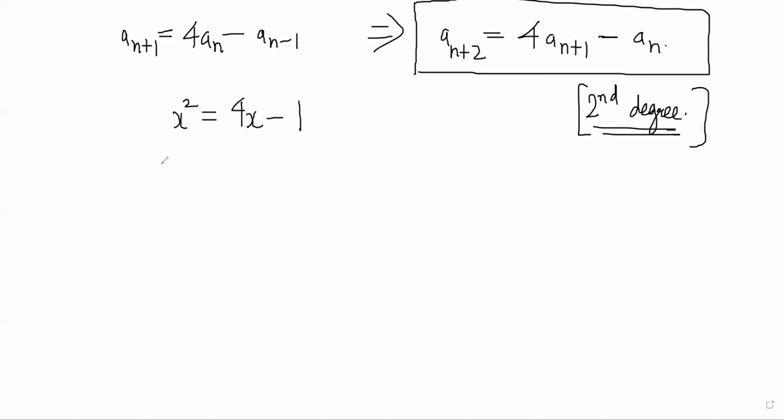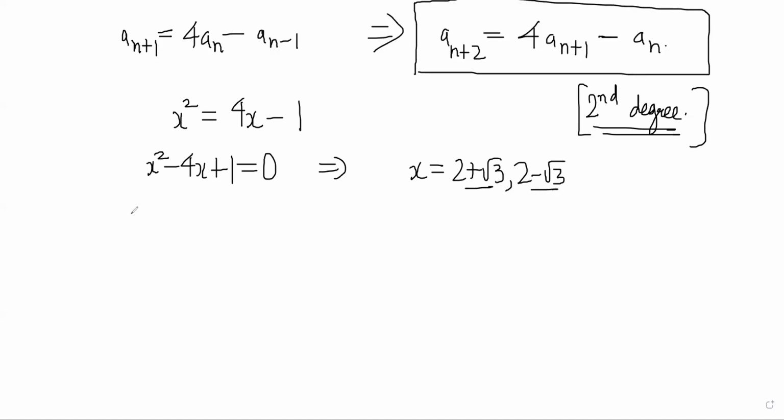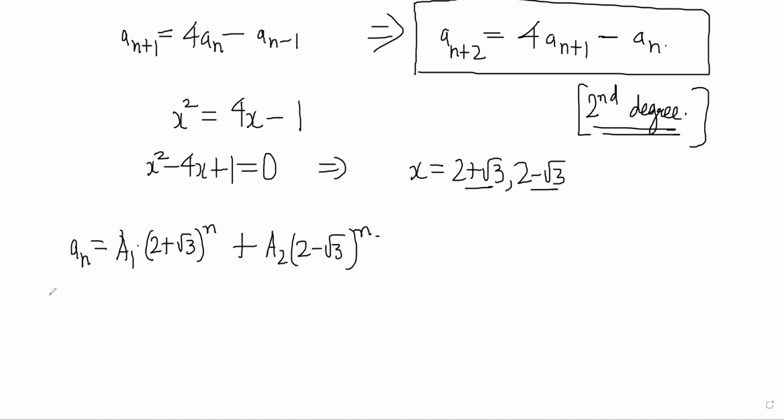This is our characteristic equation, x^2 - 4x + 1 = 0. The roots of this characteristic equation are 2 plus root 3 and 2 minus root 3. And these are both distinct roots. So this follows theorem 1. So our a_n can be written as A_1 (2 + √3)^n + A_2 (2 - √3)^n, right?